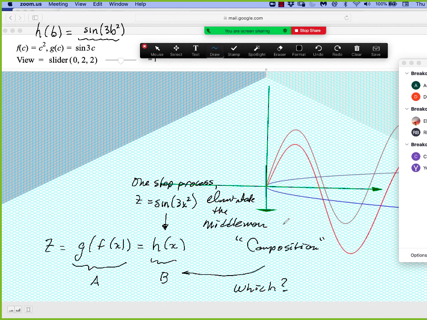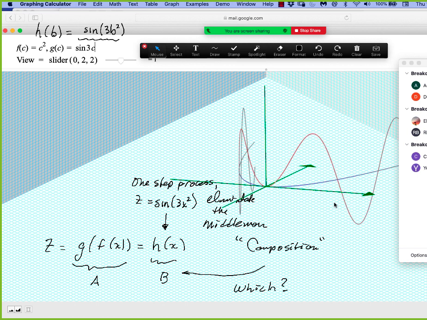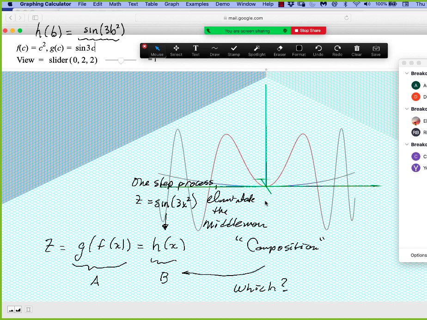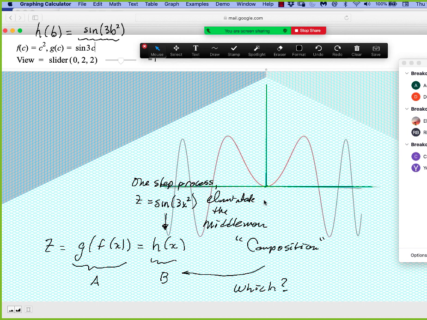How do we see that in R3? We look at the XZ plane. Take Y out of the picture, right? If we want a one-step process, we eliminate Y. That's H of X. That's the composition in terms of a one-step process without Y.